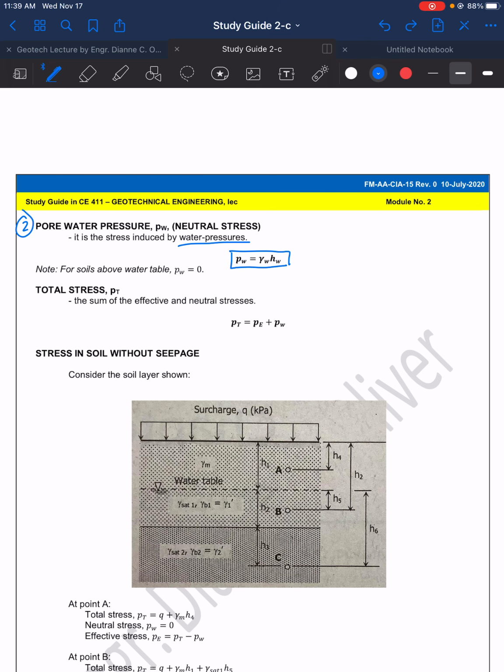So, in this neutral stress or the pore water pressure, we are just concerned with the part of the soil that is submerged in water.